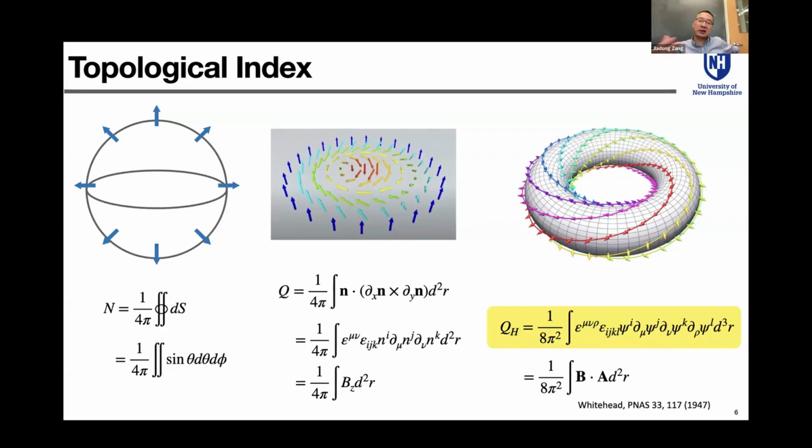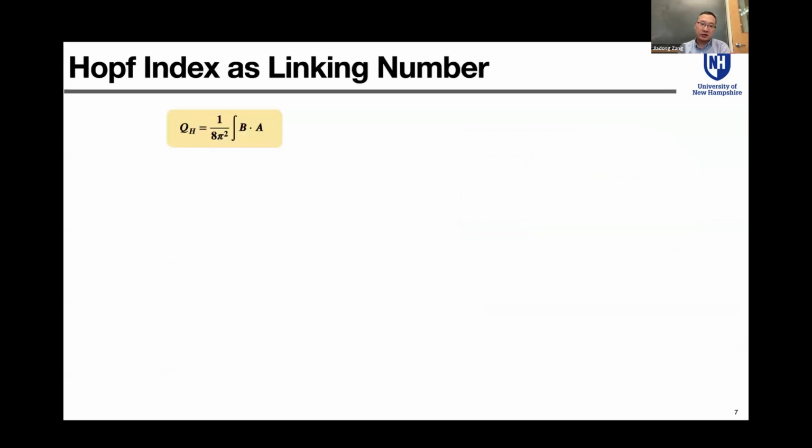And this topological index can actually be written as the integral of B dot A. Here, B is the emergent magnetic field. It's a generalization of the emergent magnetic field of the skyrmion to 3 dimensions. And A is a vector potential associated to B. And this is a very complicated expression, but it has a very interesting geometrical meaning.